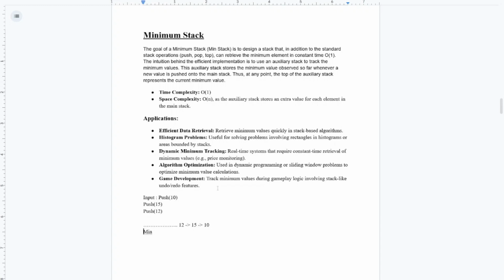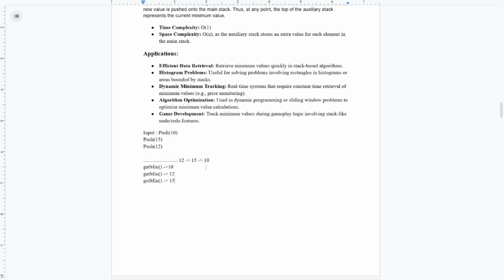So I call a method called getMin the first time. It must report 10. When I call getMin for the second time, it must report the second minimum element, that is 12, not 15. And if I call it the third time, then it must say the third minimum element is 15. So this is the plan to solve. You have to complete this getMin function in a way using the obvious step. ठीक है. So this could be an input and the output could be asked in any of the formats.